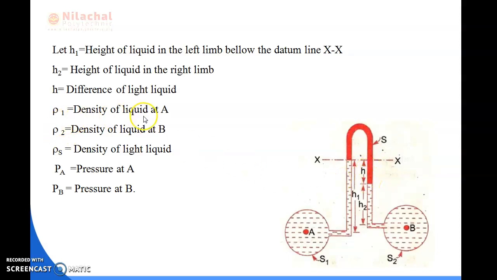Rho 1 is the density of the liquid at A, rho 2 is the density of the liquid at B, and rho S is the density of the light liquid. And all of you know, here is the pressure PA and here is the pressure PB.